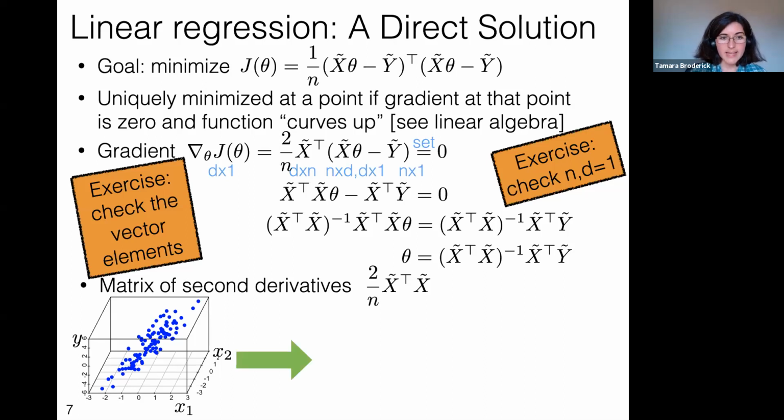Now, that gives us a J of theta, but in this case, because we have to say what's the direction in the x1 space and the x2 space and the offset, that's a three-dimensional theta vector. And so I can't really draw this. I mean, we could get clever and try to find ways to look at it, but I can't really draw this function, so I'm not going to, but I'm going to note that it exists.